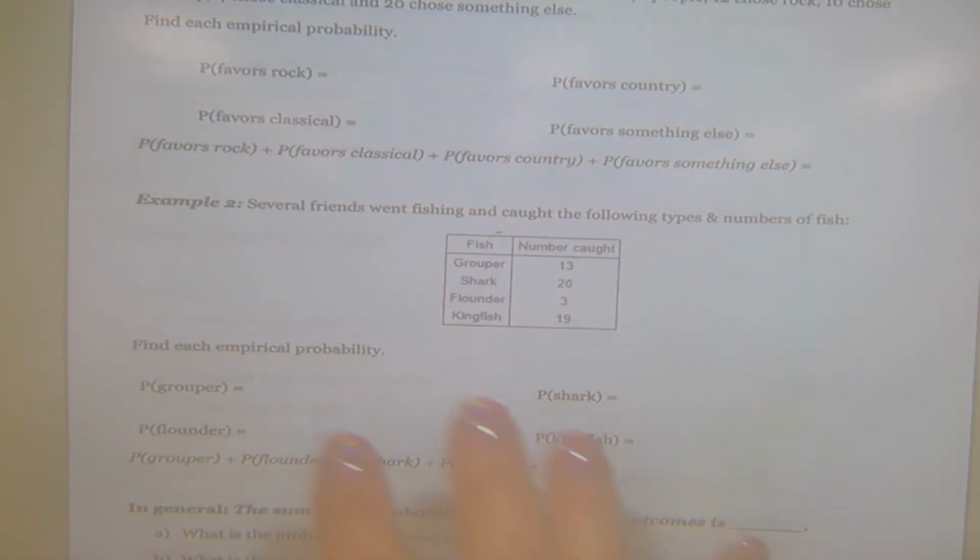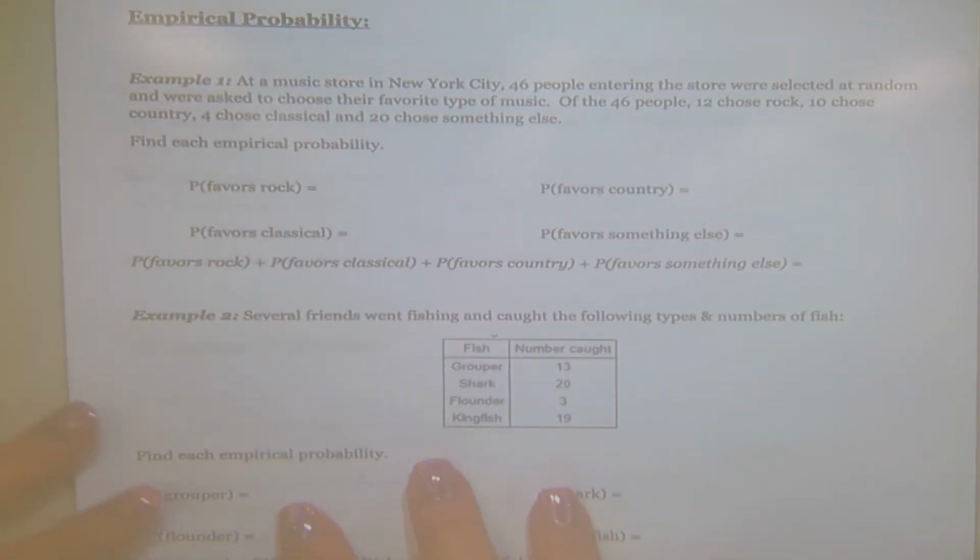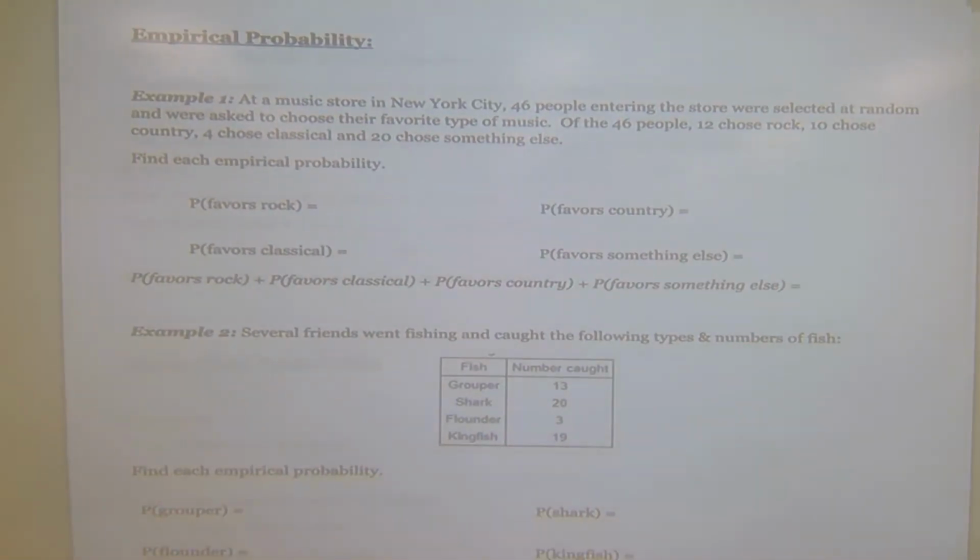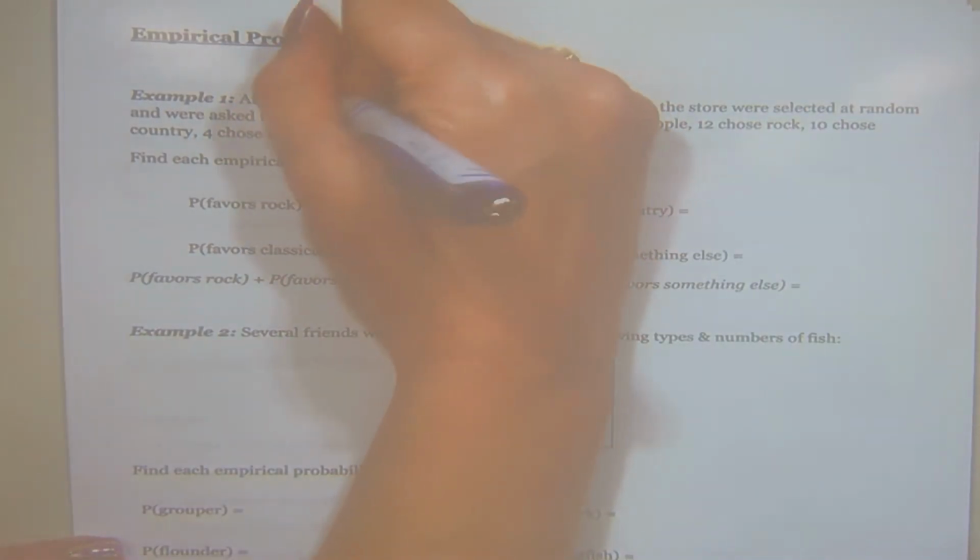Okay, we got our definitions out of the way. Let's look at some examples. Empirical probability. Remember, my empirical probability is my experimental probability.